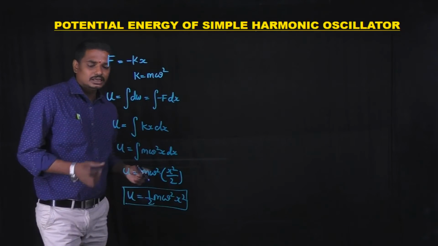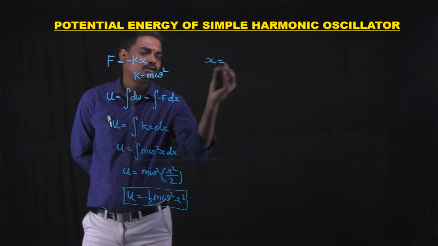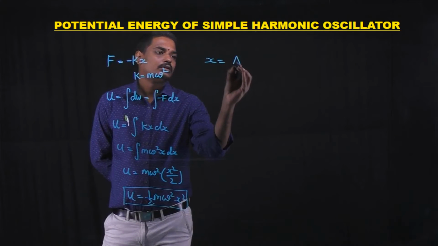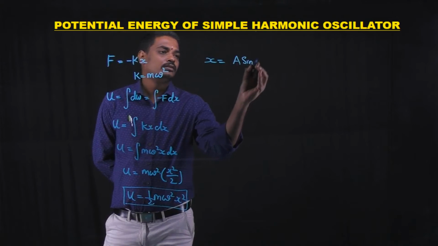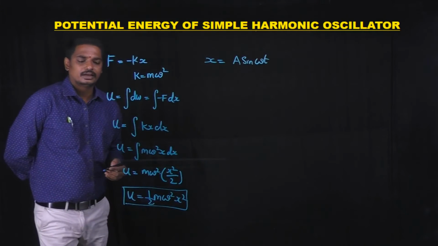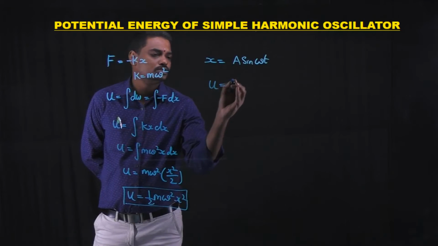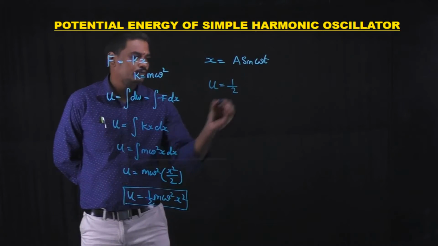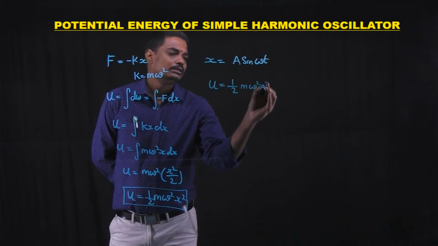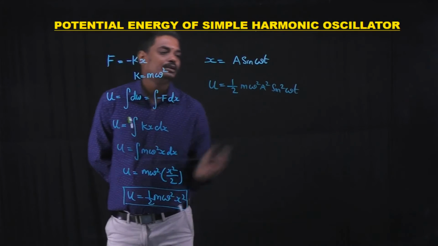We know that the equation for the displacement x can be written as x is equal to A sin omega t. By substituting in it, the expression for potential energy is U is equal to half m omega square A square sin square omega t.